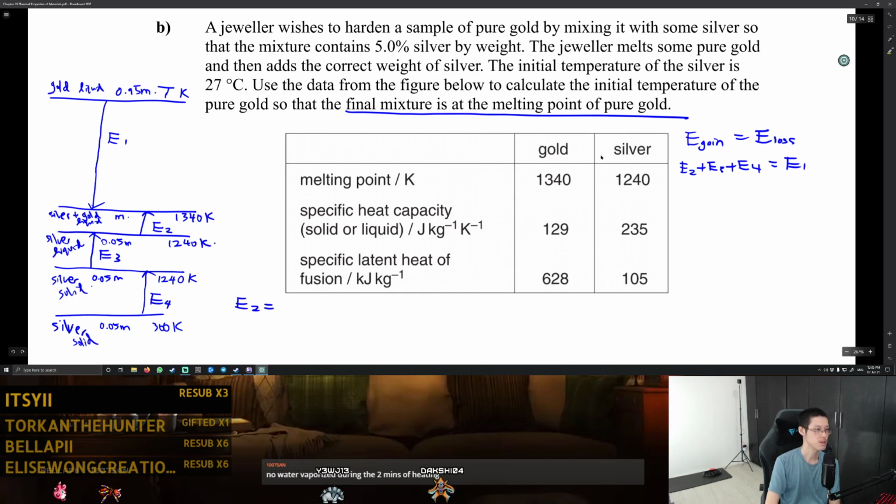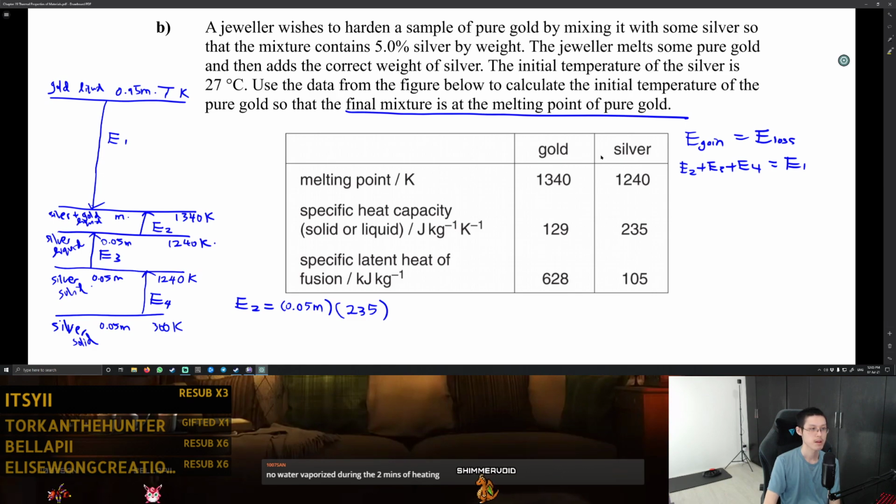So E2 is going to be from liquid silver to some hotter liquid silver. So what is the mass of liquid silver? That's 0.05 M. And then C, the specific heat capacity of silver, is 235. Okay. And what else?